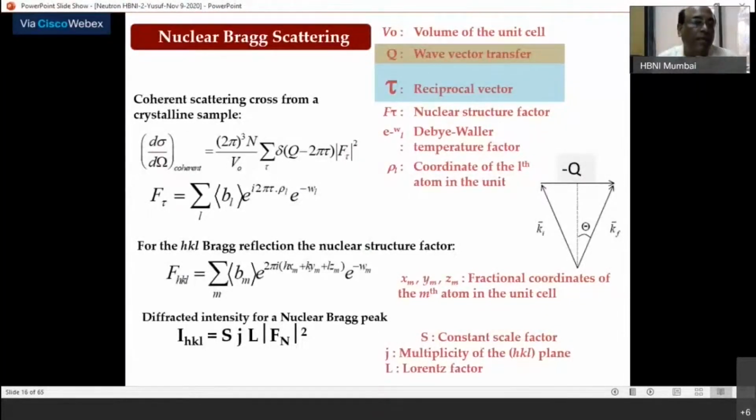Since at ILL the incident flux is higher compared to our reactor, the number of neutrons falling on the sample is higher. So you will get higher intensity, that means the observed intensity will be higher. That's why in some cases where we have difficulty measuring here, we go to a place where the incident neutron flux is higher. So this is like the scale factor.